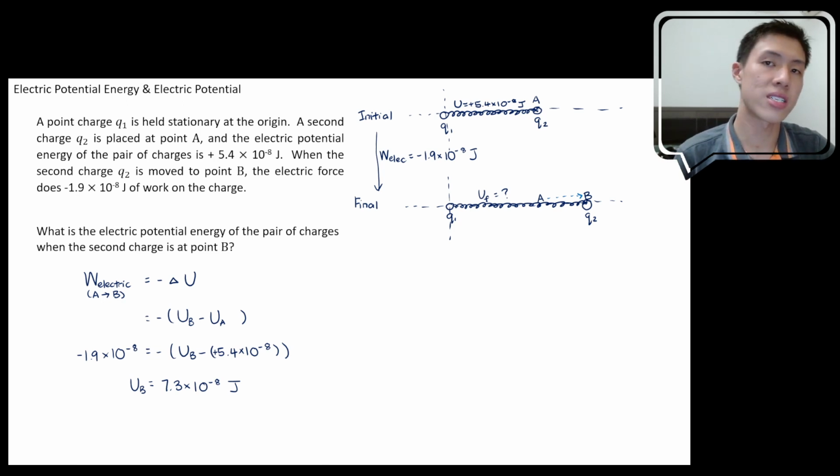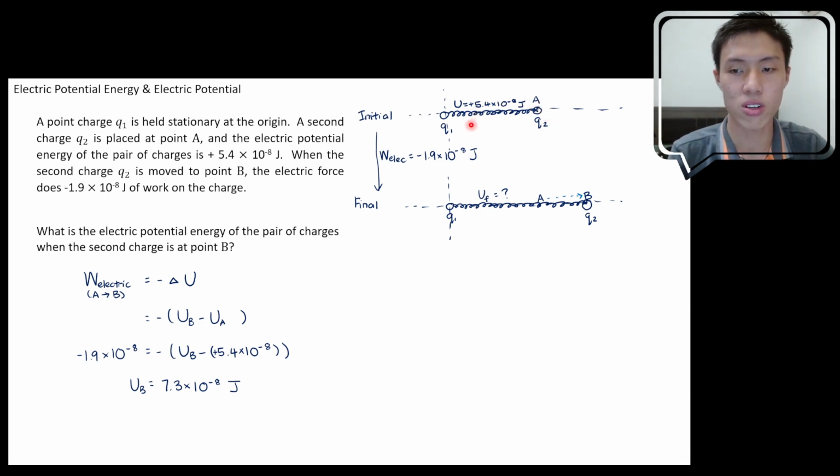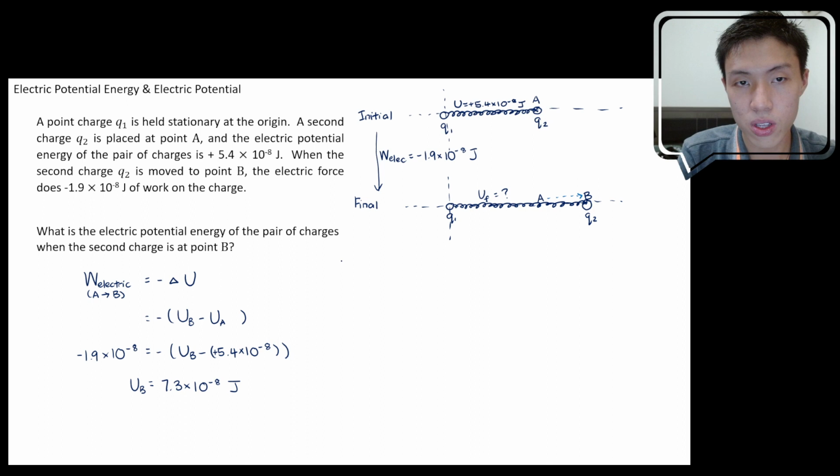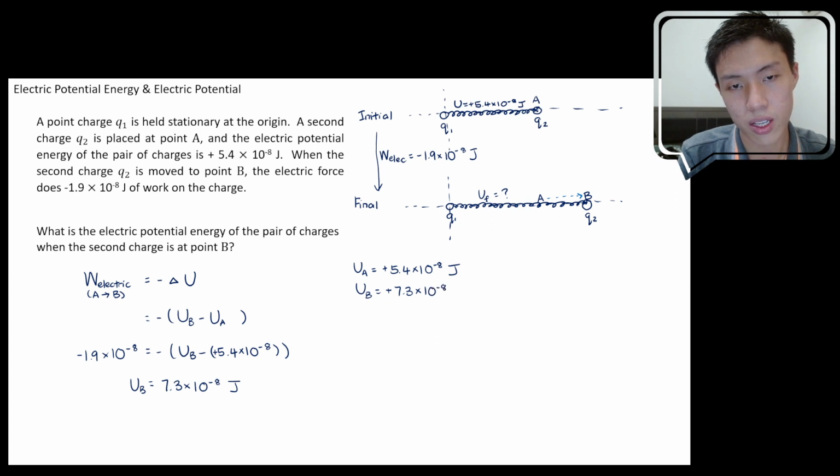From our answer, we can actually check back whether A to B is moving further away from or towards Q1. How do we check? Let's try to imagine it. UB, let's write it down clearly. We know that UA has a value of positive 5.4 times 10 to the power of negative 8 joule, and UB is positive 7.3 times 10 to the power of negative 8 joule.